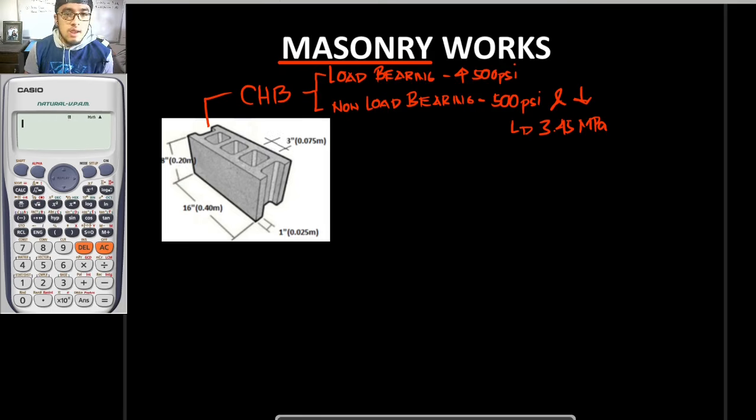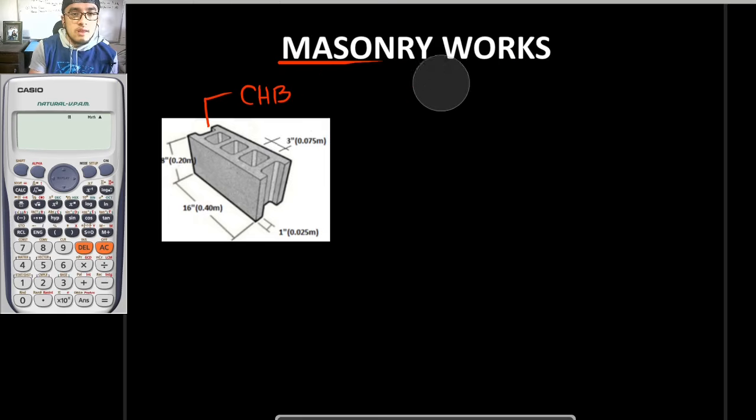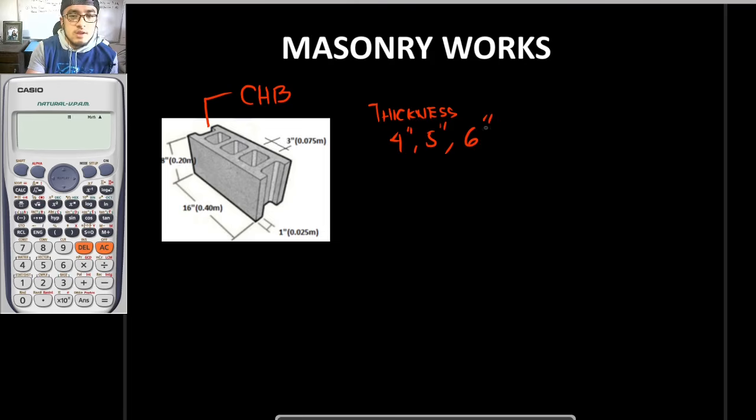Okay, enough of that. For our concrete hollow blocks, the common thickness would be 4 inches, 5 inches, and 6 inches.